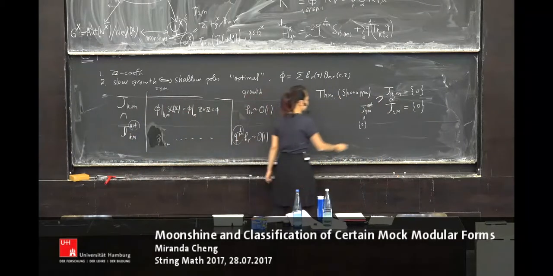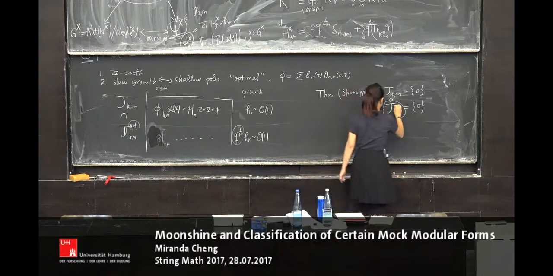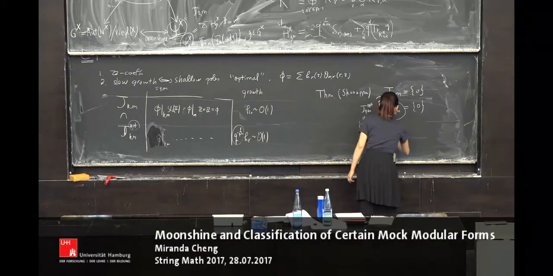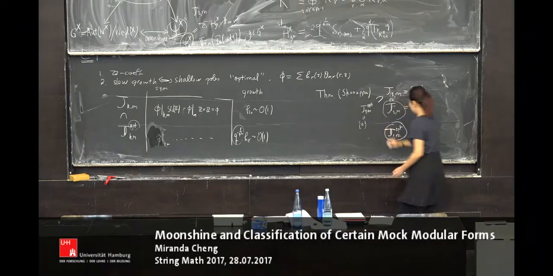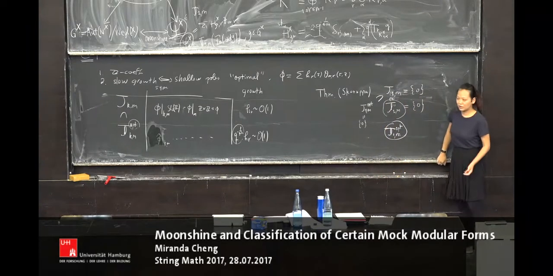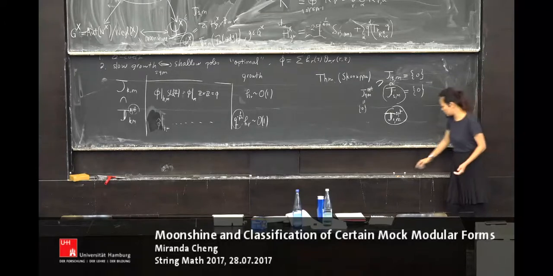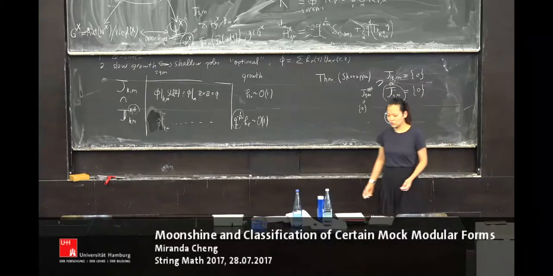This is the minimal thing you can do to be able to get some non-zero answer.